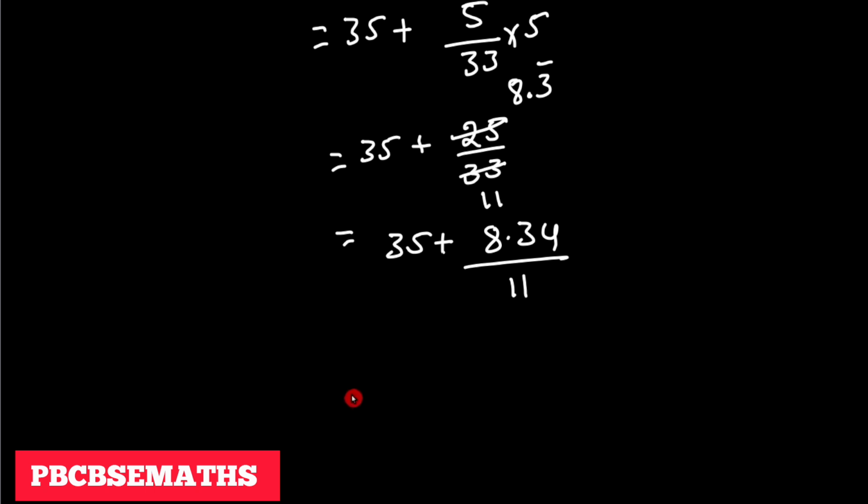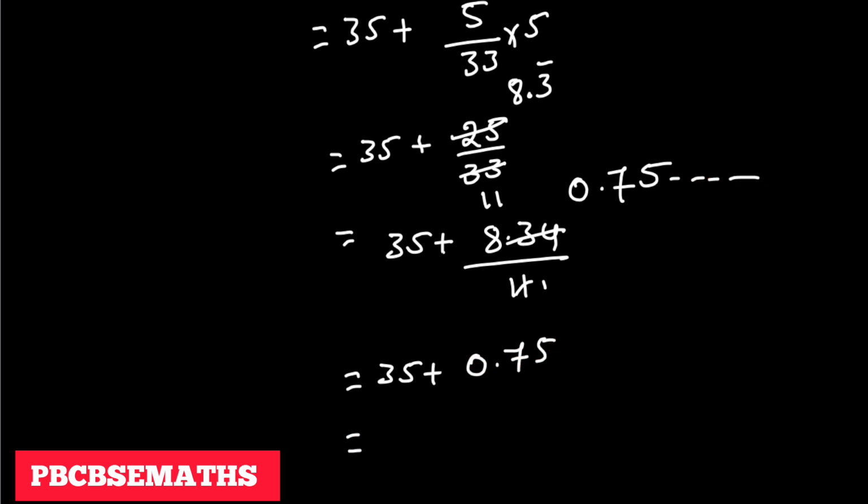Further, we can write this as 35 plus, here 11 ones are 11, 0.7 are 77, 6 remains, that becomes 64, 11 fives are 55, and so on. So here we are going to write 0.75. At last, we will write the median value as 35.75 approximately. That is the solution.